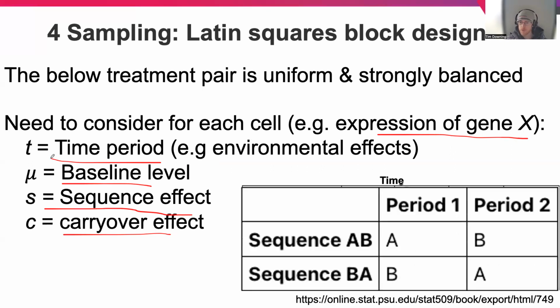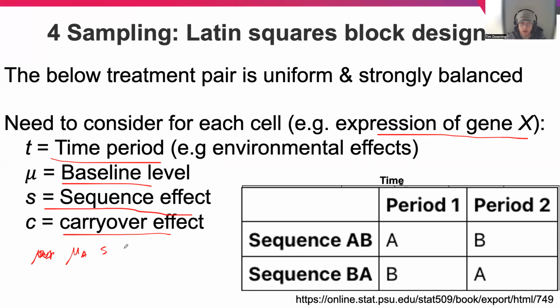So if we think of a simpler example where we just have A and B, we just have to measure a few different things. We just have to measure the mean of A, that's mu, times the mean of A. Then we have the sequence effect.